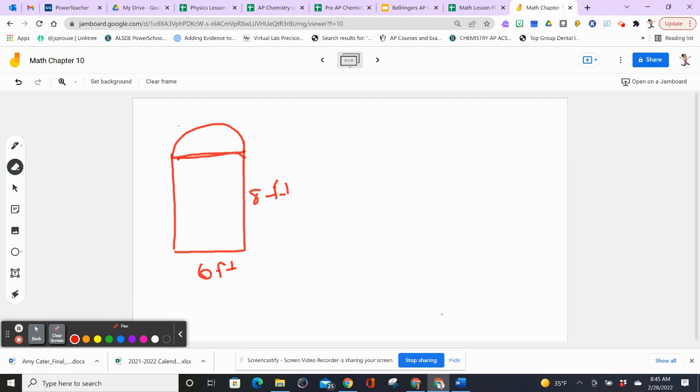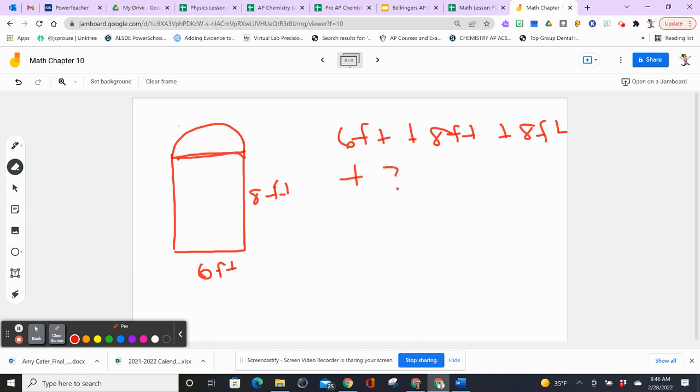We're talking about the wood trim that goes around it. So the wood trim will be 6 feet at the bottom, plus 8 feet here, plus 8 feet on the other side, plus whatever the semicircle is.